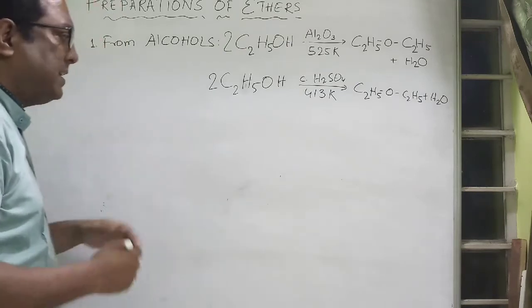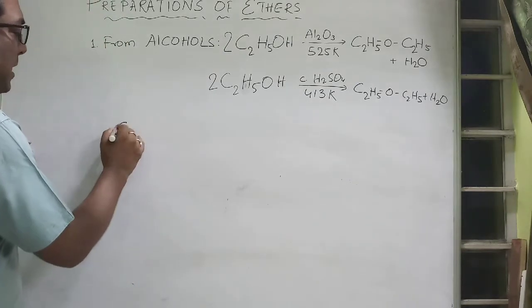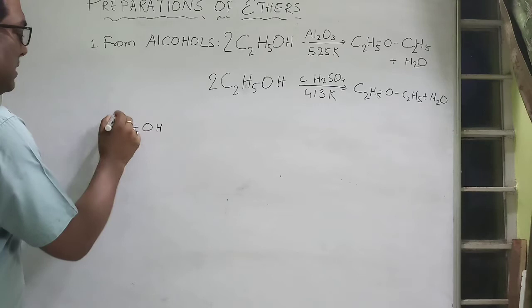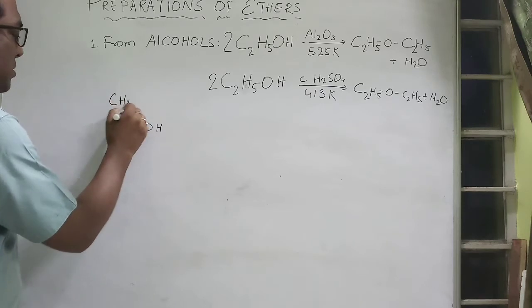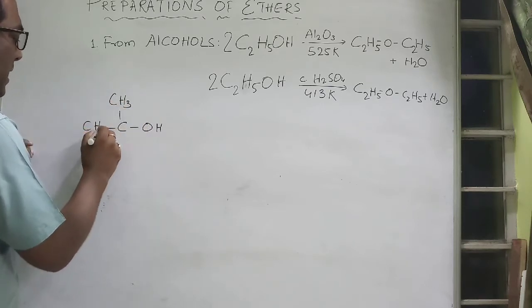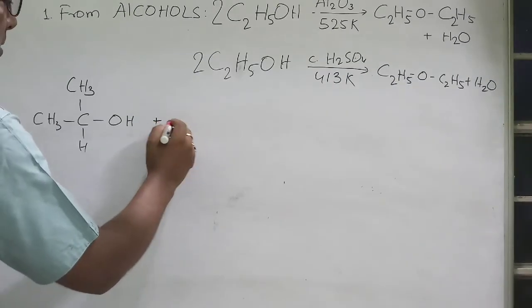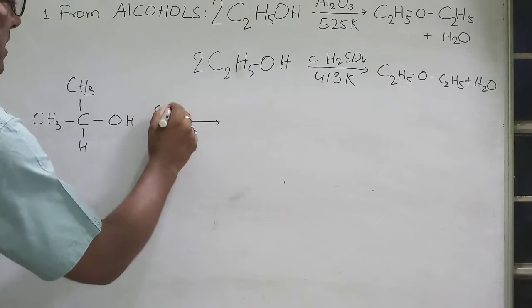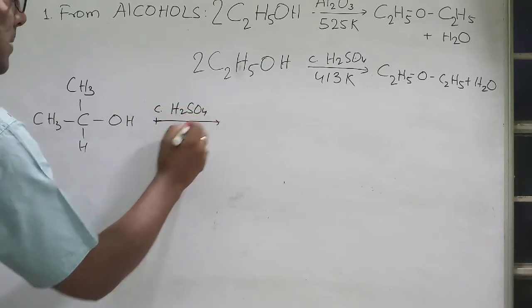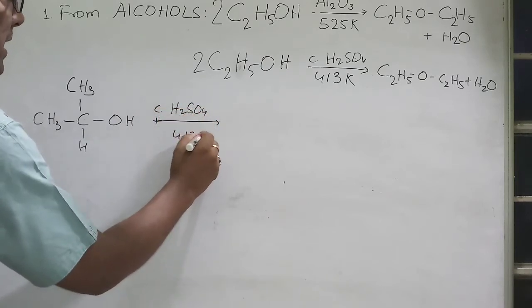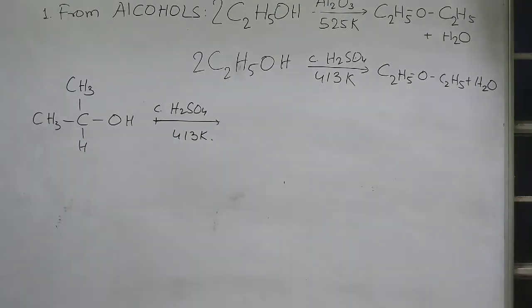For the secondary and the tertiary alcohol, let me go with this compound, CH3, CH3 and H. Now when you are taking concentrated sulfuric acid at a temperature of 413 Kelvin, what is happening, let us see.